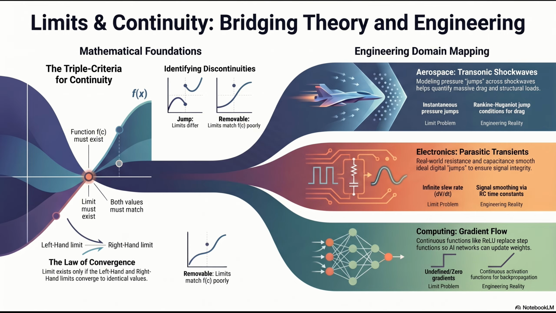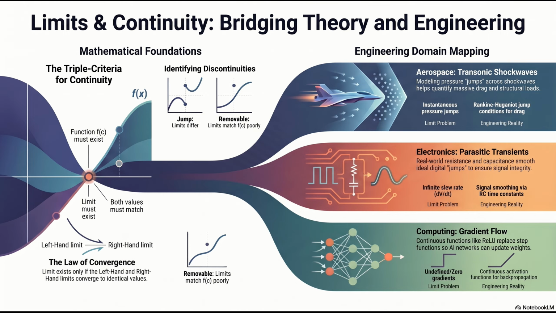The Rankine-Hugoniot jump conditions. Yeah, and these equations are brilliant because they relate the states of the gas on both sides of the shockwave to conserve mass, momentum, and energy by treating the transition as having zero thickness. Like a pure mathematical jump. Exactly. It allows engineers to balance the forces across the boundary.